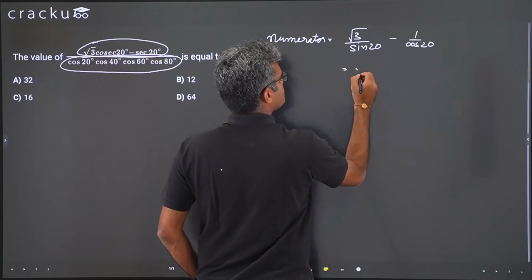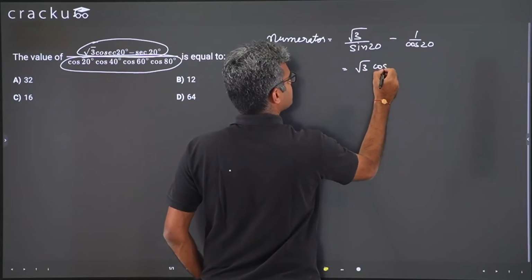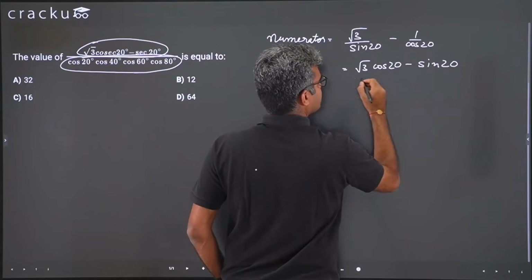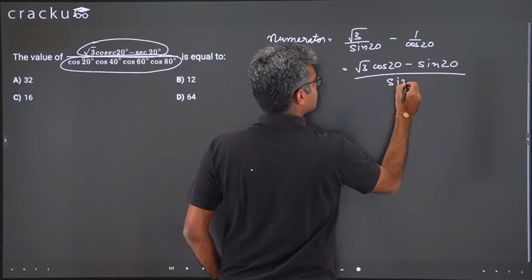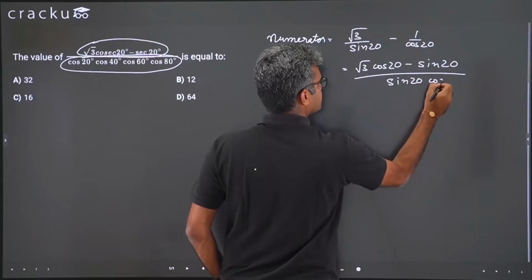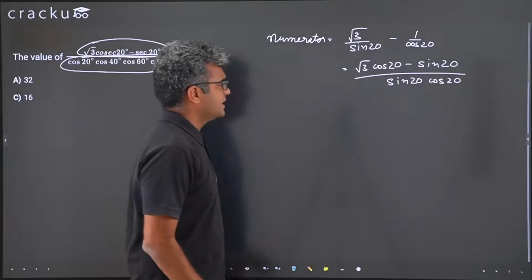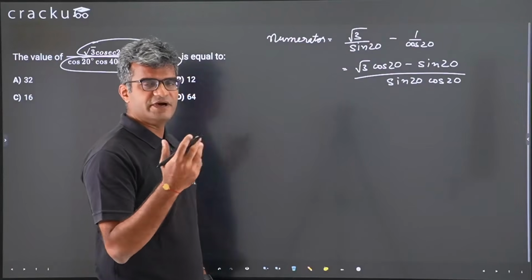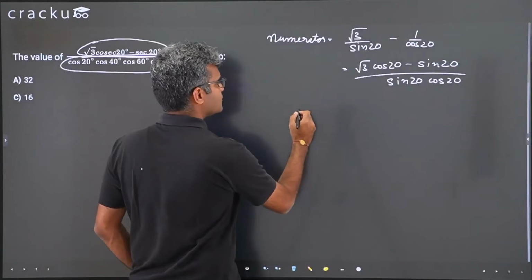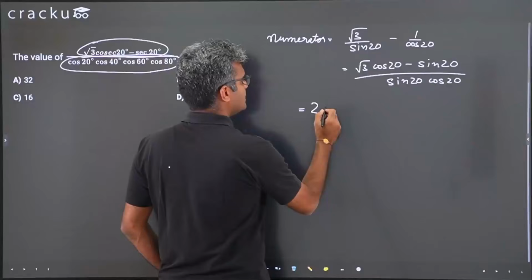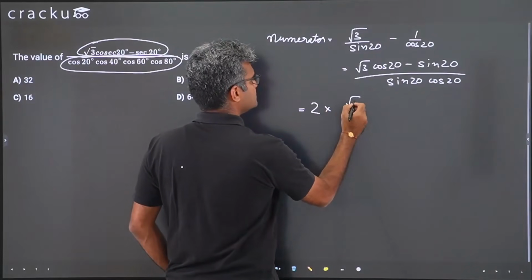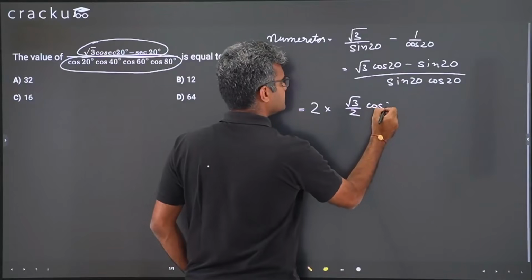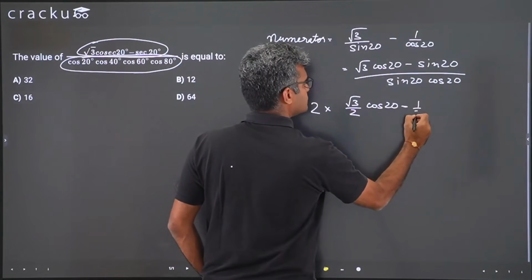This is equal to root 3 into cos 20 minus sin 20 divided by sin 20 cos 20. Now the numerator is looking similar to sin A minus B. How do I do it? Suppose I multiply the numerator with 2 and divide it with 2. So the numerator becomes equal to 2 into root 3 by 2 cos 20 minus 1 by 2 sin 20, divided by sin 20 into cos 20.